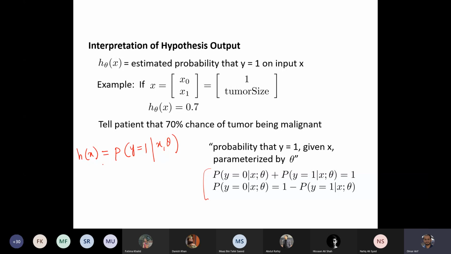So this is the interpretation of the hypothesis function. This is a probability that y is 1. And similarly, if we want to compute the probability that y is 0, we simply subtract this value from 1.